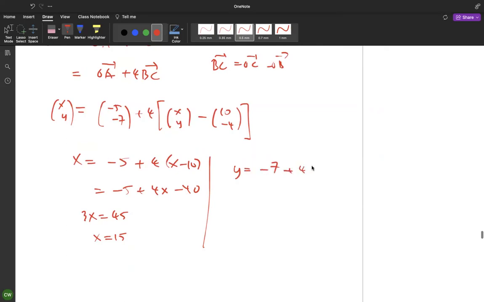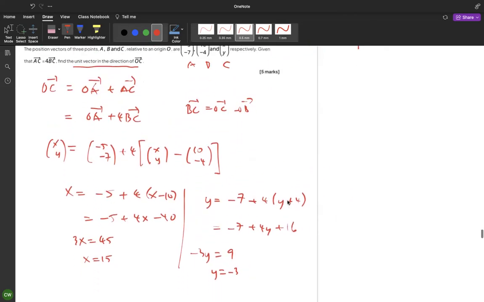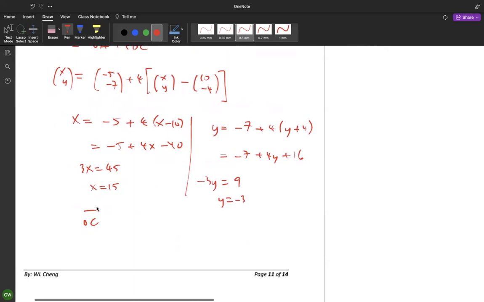Minus 4 plus 4 times y plus 4. So this is minus 7 plus 4y plus 16. So we have minus 3y is 9. So y is minus 3. Okay, so this is the coordinate for OC: 15 and minus 3.